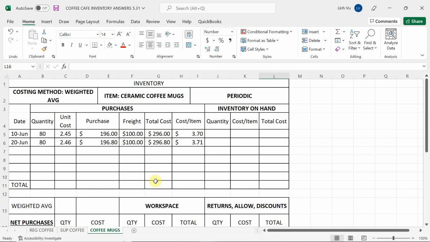So we won't put it back in inventory. But would it change our purchase expense? We didn't make any adjustments to purchase expense. That's correct. So why wouldn't this sales return affect my purchase expense or my periodic inventory? I didn't think it would, so I left it as is.